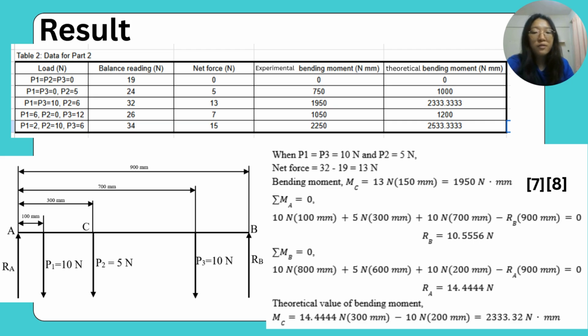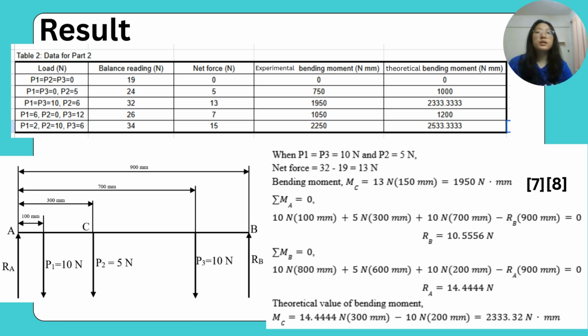So the theoretical value of bending moment at C is 14.444 Newton times 300 millimeter minus the 10 Newton times the 200 millimeter, so we can get the theoretical bending moment as 2333.32 Newton millimeter.